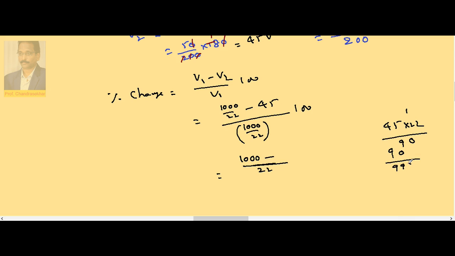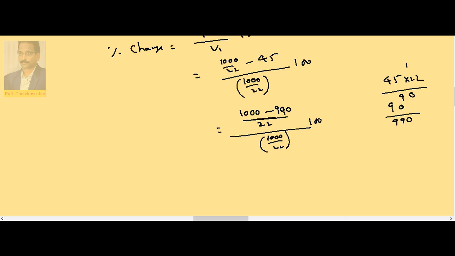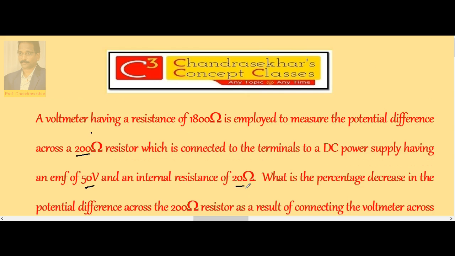So it is 990 divided by 1000 by 22 into 100. Now 22 and 22 get cancelled. So this becomes equal to 10 divided by 1000 into 100. So this is total 1000. So remaining is 1. There is a 1% decrease in the voltage because the voltmeter is connected.